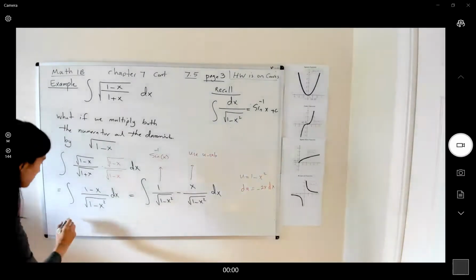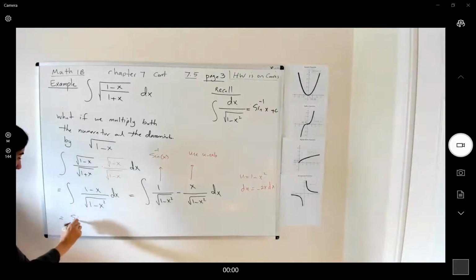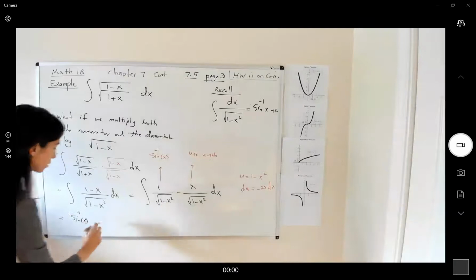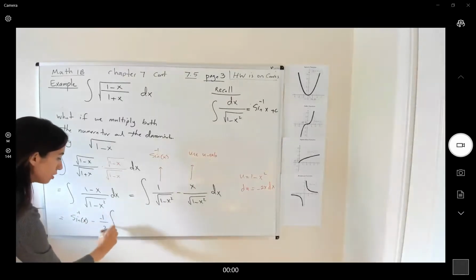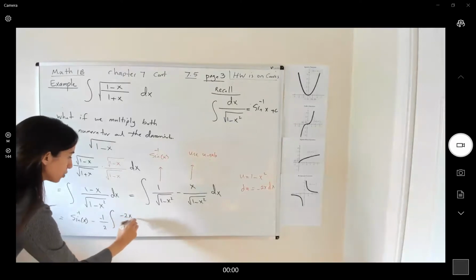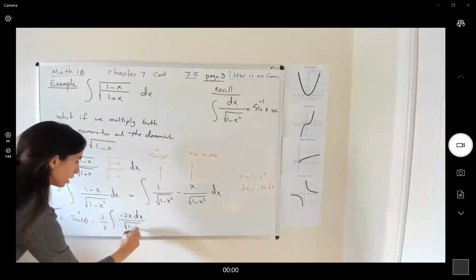So I'm going to write down the first integral as inverse sine of x. And for the second integral, I have negative 1 over 2 times the integral of negative 2x dx divided by the square root of 1 minus x squared.